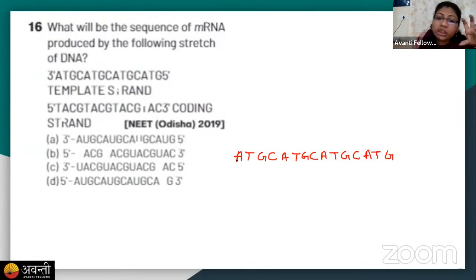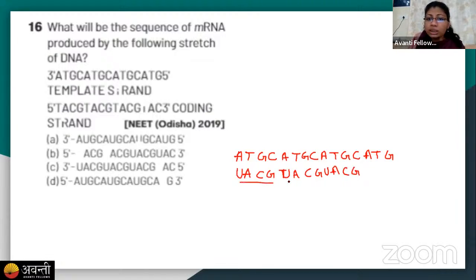So the complement of A is always uracil, and to thymine we have adenine. The only difference between DNA and RNA is the replacement of thymine with uracil. So U, A, C, G, U, A, C, G. As you can see, UACG is repeating itself again and again.